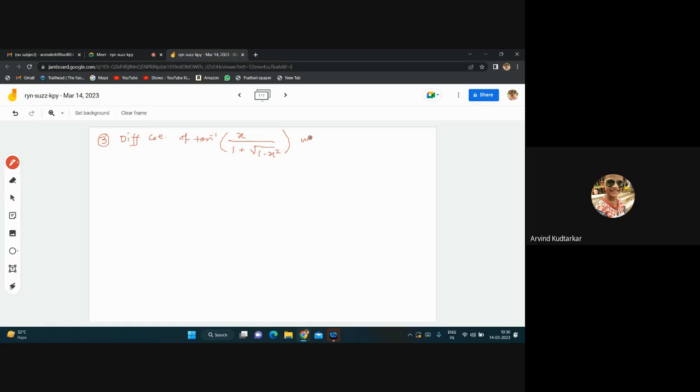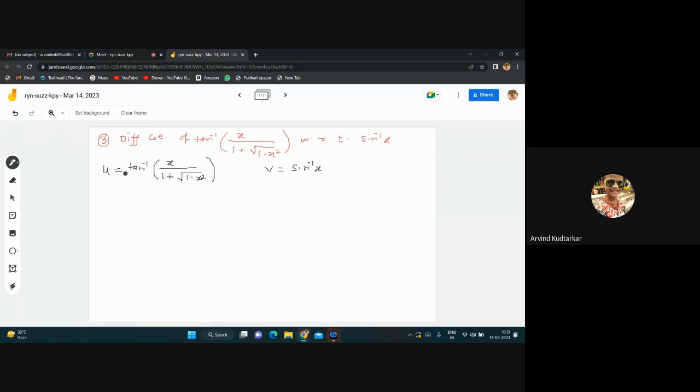So u is equal to tan inverse of x upon 1 plus root of 1 minus x square, and v is sine inverse of x. Now in this case, you find the derivative of u as well as v separately with respect to x.